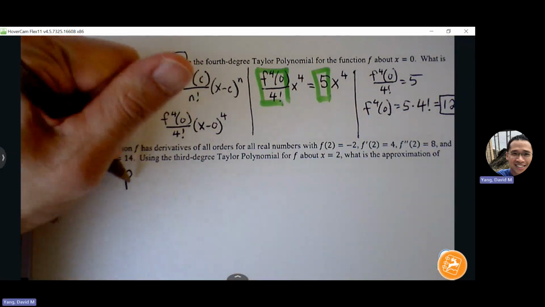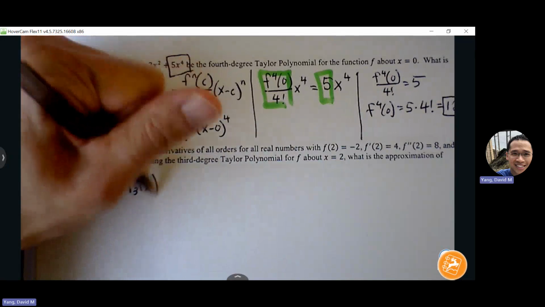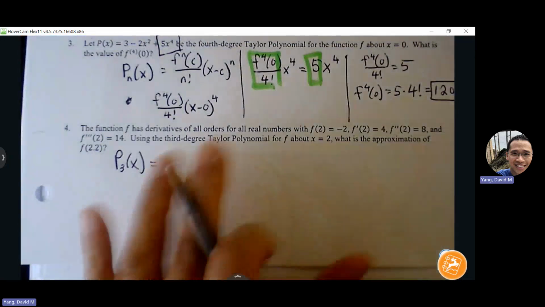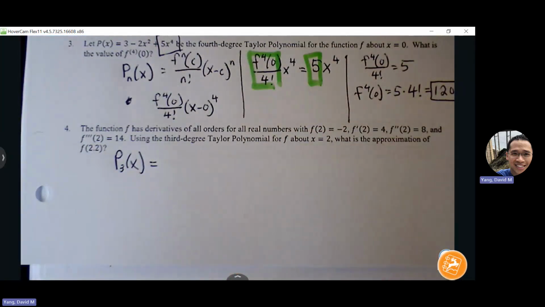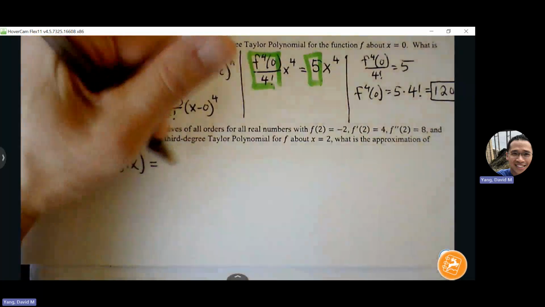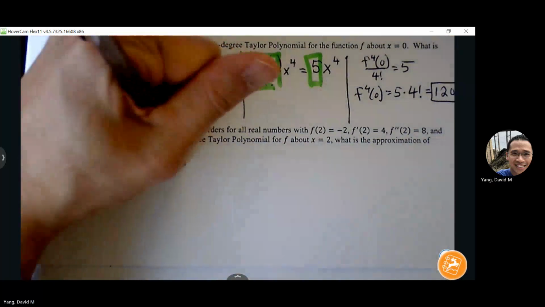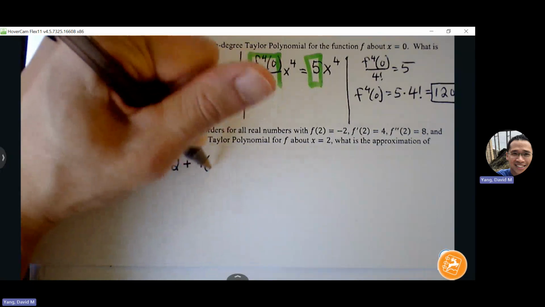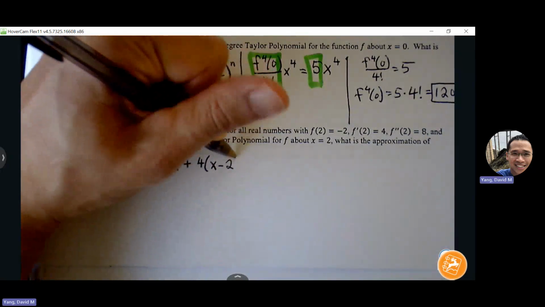So we know that p sub 3 of x, the first 2 terms are just going to be the y-intercept and then the slope times x minus c. So -2 plus 4 times x minus 2.